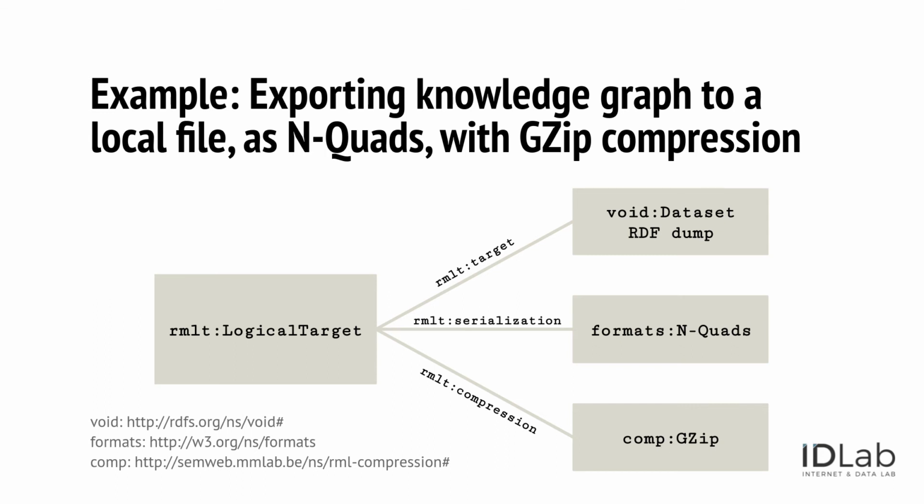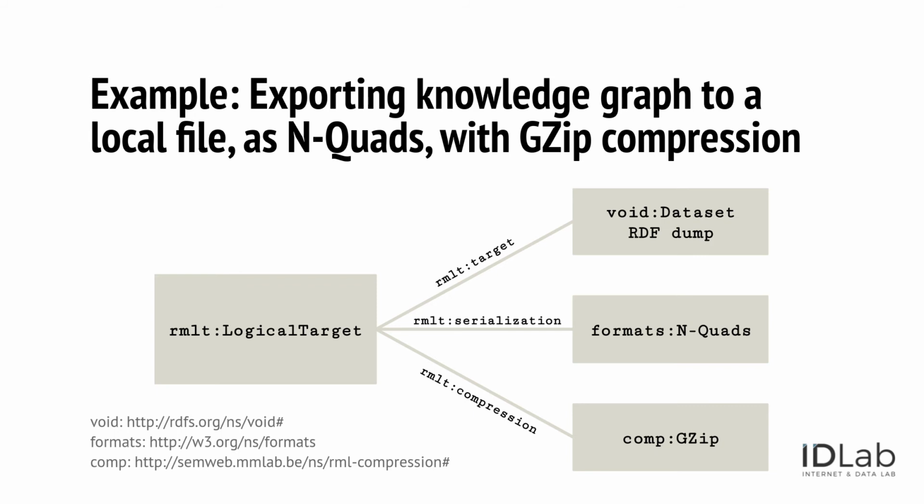And we also have a compression that says we have a compression in gzip. This way, a processor knows that every triple that is directed to this logical target needs to be dumped to a file with NQuads as serialization and gzip compression.